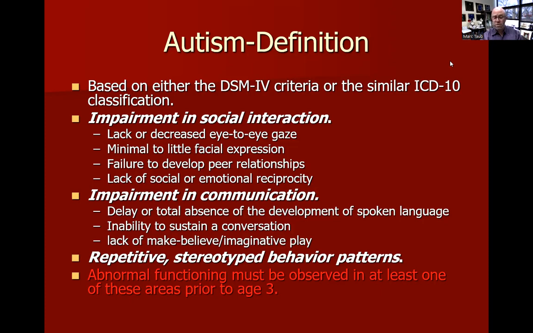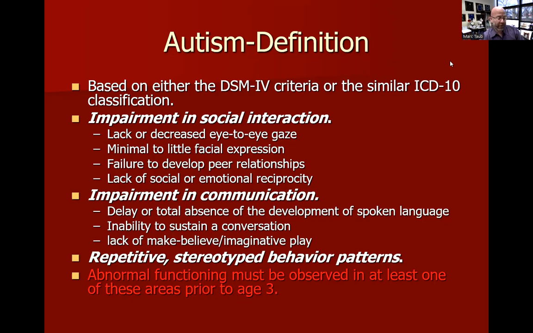There's an impairment in communication, which could be a delay in communication skills, or it can be one where there's a total absence. But it also can be where they're developing normally and then there's a regression. There's a lack of imaginative play.